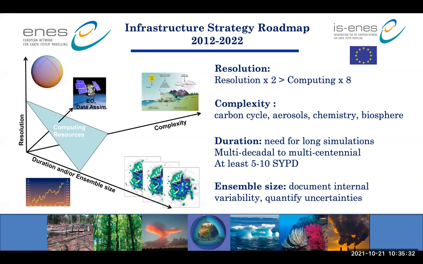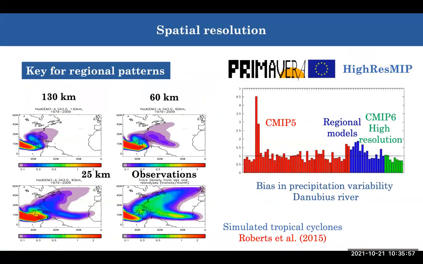We need to be able to simulate 5 to 10 simulated years per day of computing. And then the ensemble size, since to document internal variability and to quantify uncertainties, we need ensembles of simulations. What I'm going to illustrate are not all those 4. I'm going to concentrate on resolution, the first one, and ensemble size, and then we'll focus on the data side.